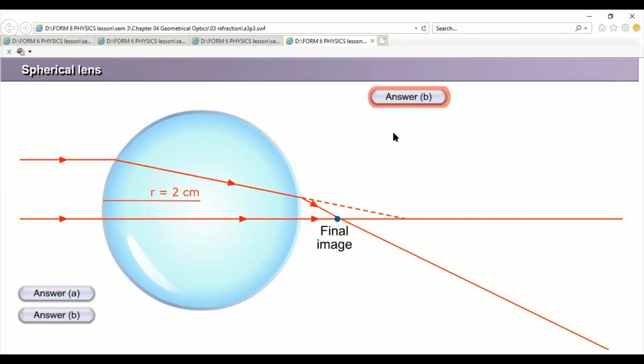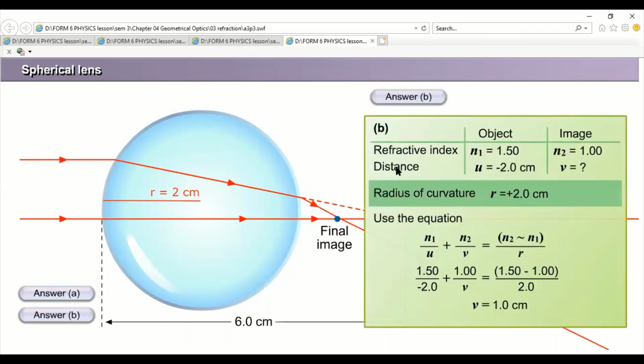So the image will be reflected again by this side of the curved surface. After that, it will form the final image here.